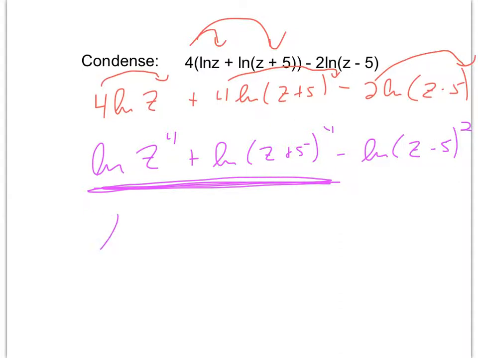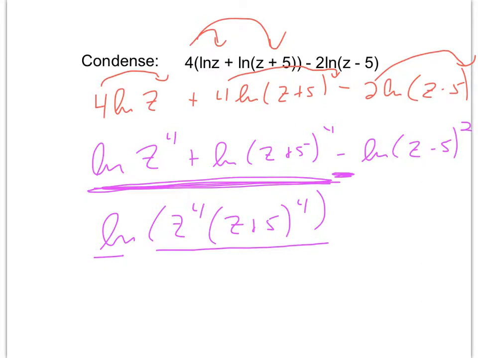So I have ln of z to the 4th times (z plus 5) to the 4th. And I'm going to use my quotient property because I'm going to subtract now. That's the ln of those divided by (z minus 5) squared. And I'm actually just taking the ln of that entire thing.